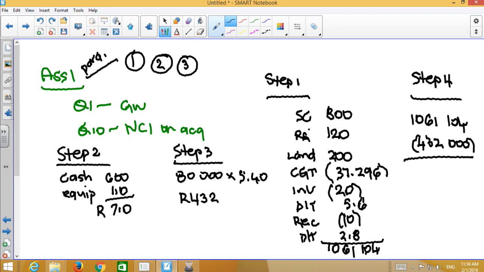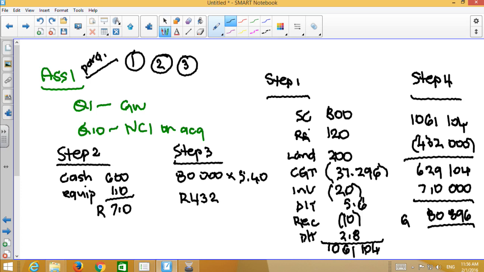That leaves us with what belongs to us, which is 629,104. We then look at what we paid. We paid 710. So then it leaves us with goodwill of 80896.